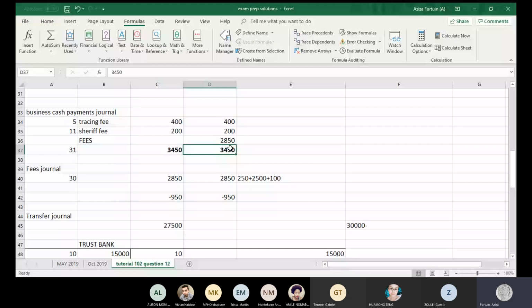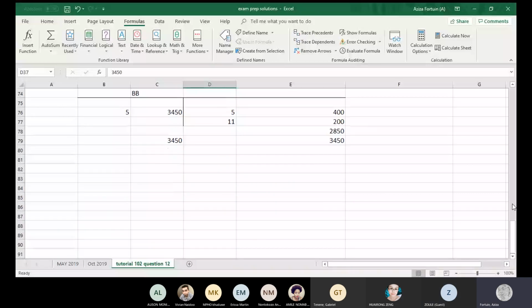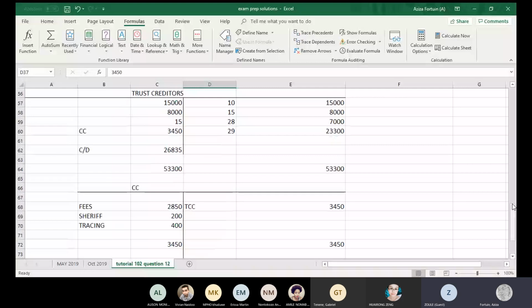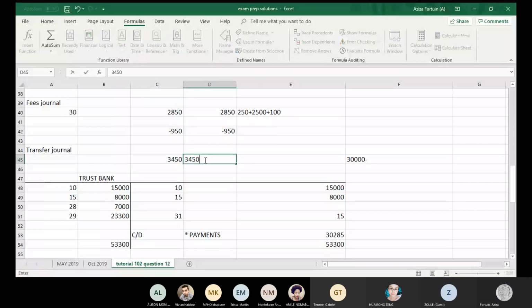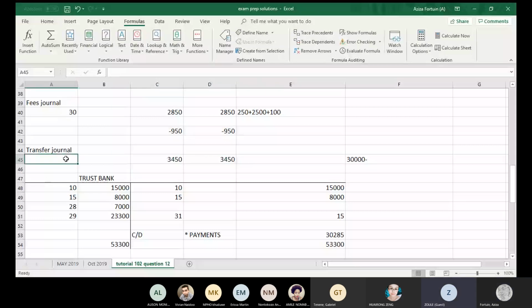Now, what are we still looking for? Our transfer journal. What happens in my transfer journal? Where's that transfer journal? It's the 3,450 that we're going to transfer. Am I right, Maggie? And not 27,500. Yes, correct.